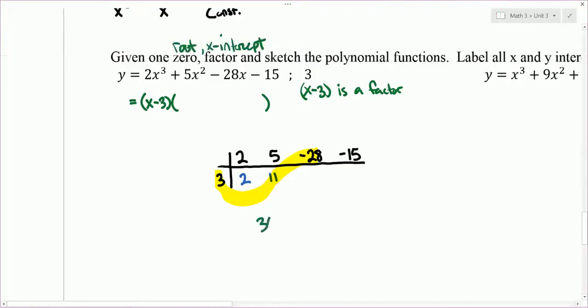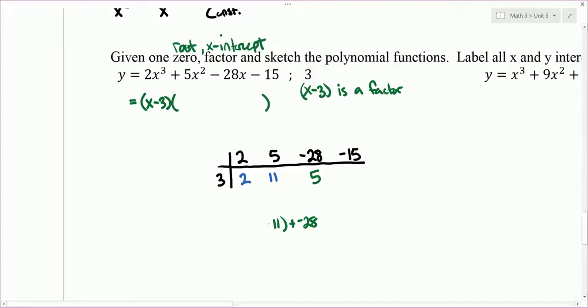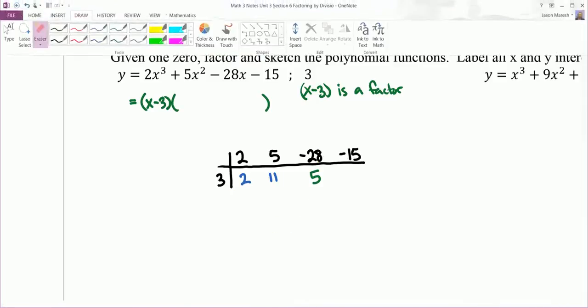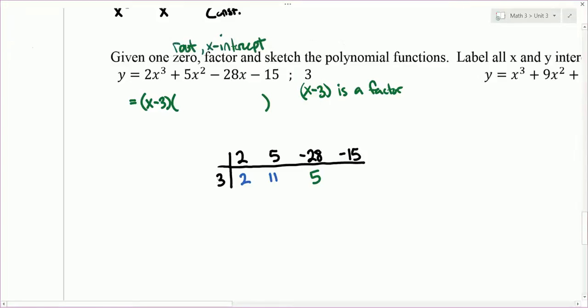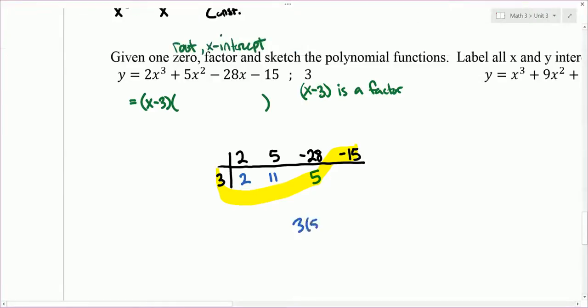So 3 times 11 is 33, plus negative 28 is 5. I'm going to write the 5 below the negative 28. And then 3 times 5 plus negative 15. 3 times 5 is 15, plus negative 15 gives us 0, and that's what we want because we're dividing by a factor. And whenever you divide by a factor, you need a remainder of 0. So it's a good check to make sure you're doing this process right.